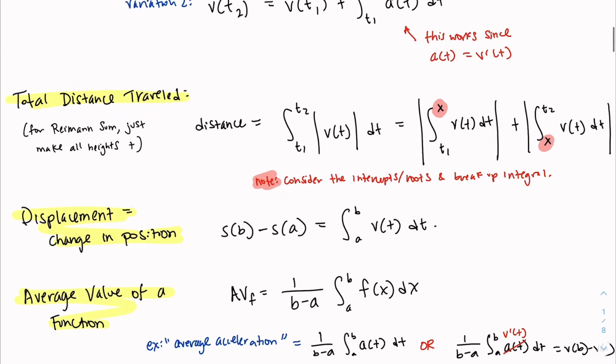So when we're dealing with the absolute value of v of t, make sure that you find the roots by setting v of t equal to 0 and then break up the integral at those spots. I've highlighted my roots as x. If you're doing a Riemann sum problem and you have negative heights, just ignore the negative, make all heights positive. That will do the same thing as taking the absolute value.